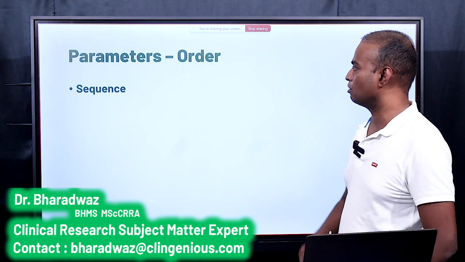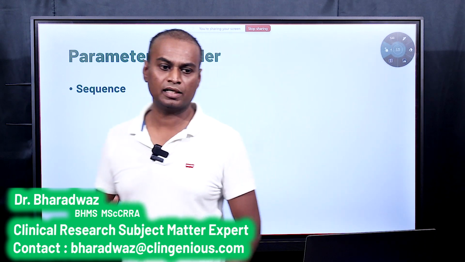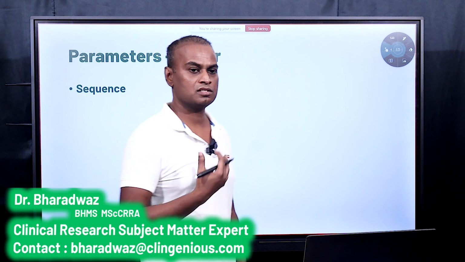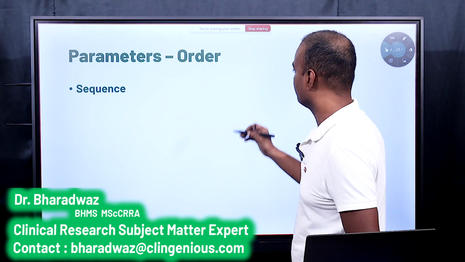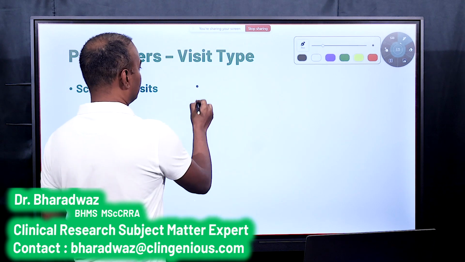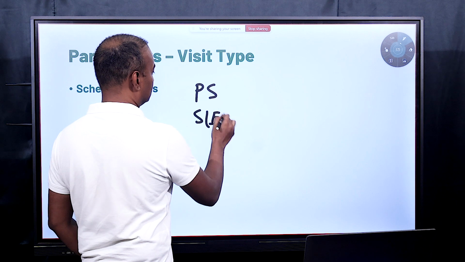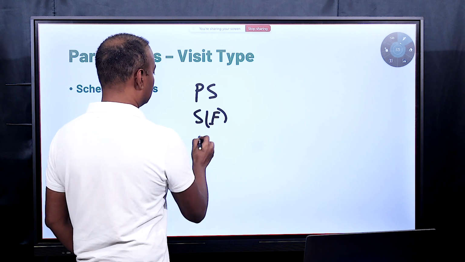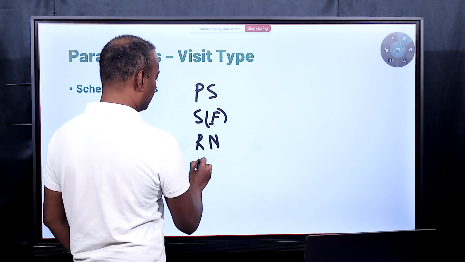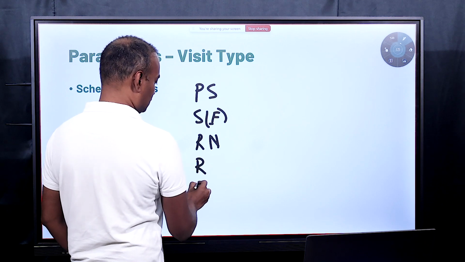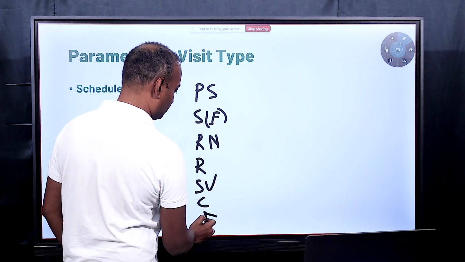Next one is visit order. So we have to tell the system, the clinical interactive system, what is the first visit, what is the second visit. For example, a clinical trial can have pre-screening, screening, run-in, randomization, scheduled visit, completion, follow-up.